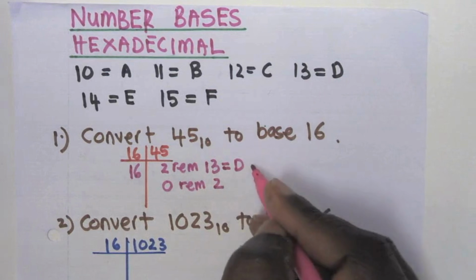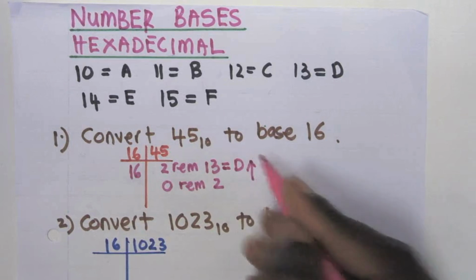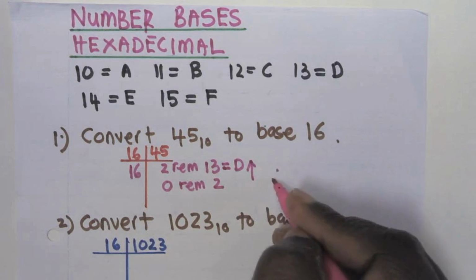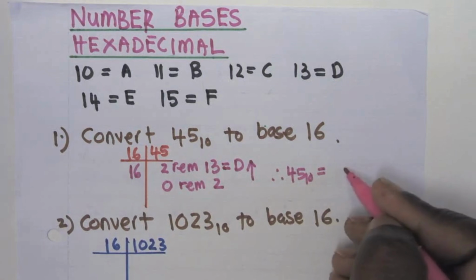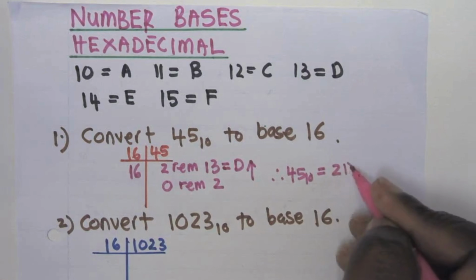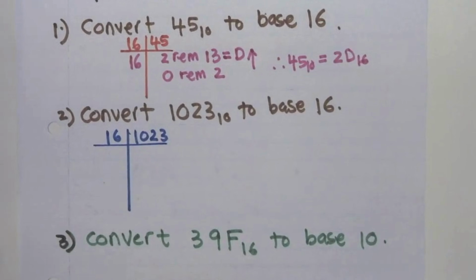And like what we said, we read our numbers from bottom going to the top. So therefore, 45 in base 10 will give us 2D in base 16.